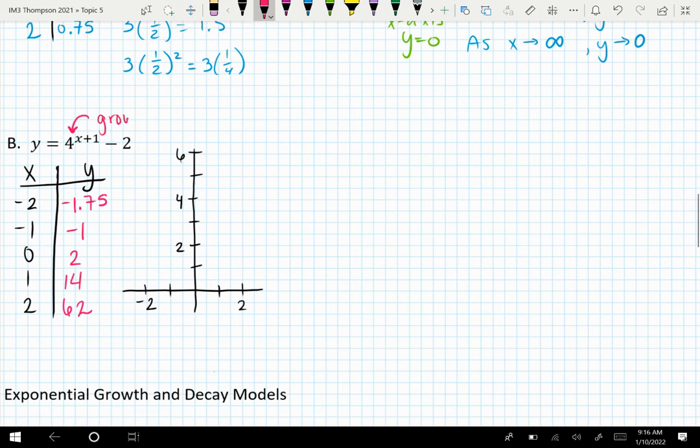This is an exponential growth, so it should be up to the right. Let's see if my graph reflects that.